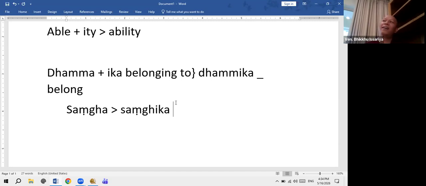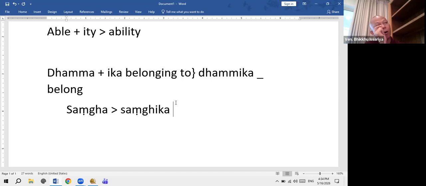Like Dhammika or Sangika, they are like nouns, right? Now, an adjective. It can be a noun or it can be an adjective. Okay, that one is basic usage in Pali. Pali is not like English or other languages.